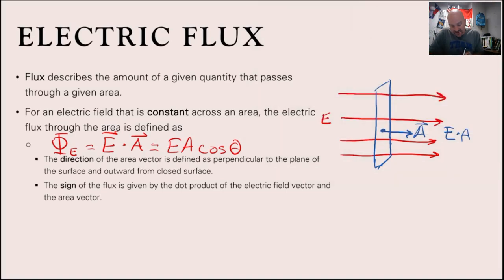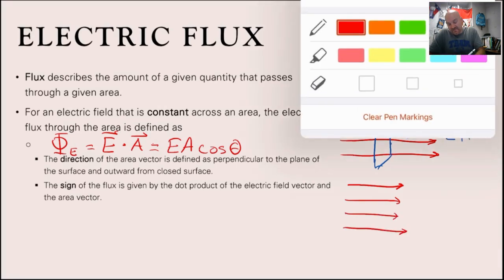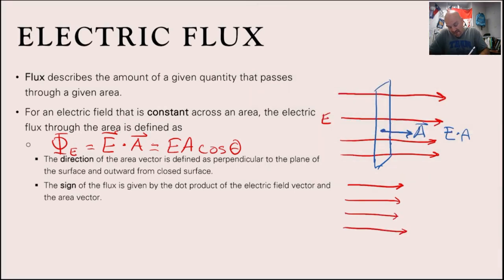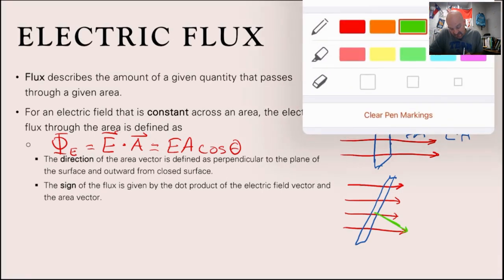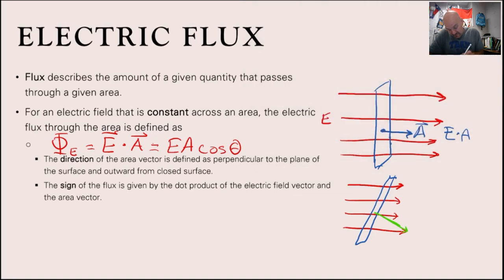Then your next scenario will be taking that area and putting it at an angle. Your area vector would look something like this. Theta is here, and so this would have a flux of EA cosine theta.